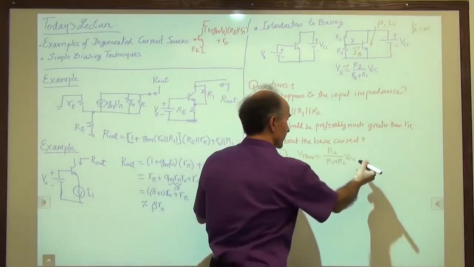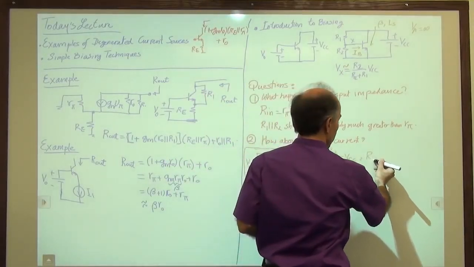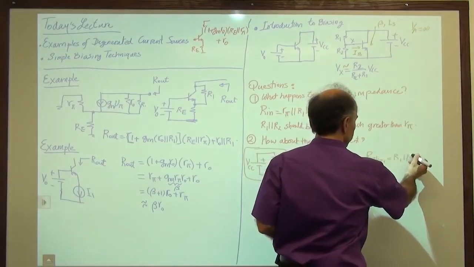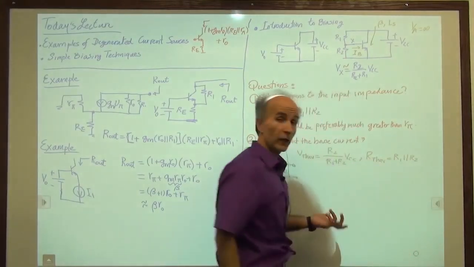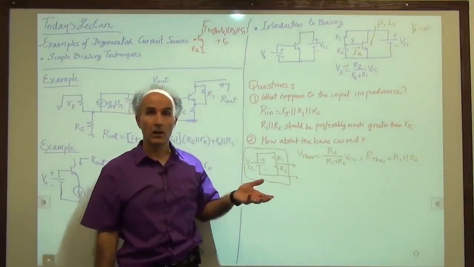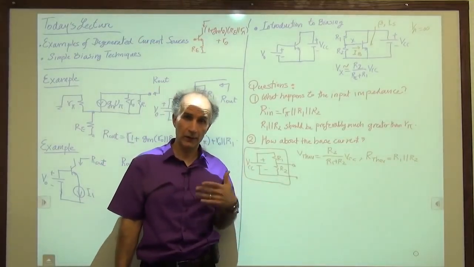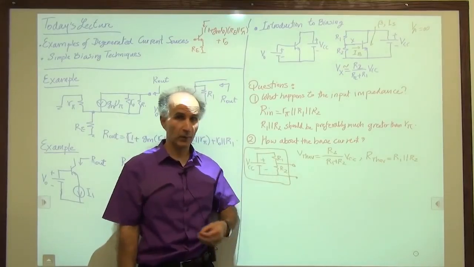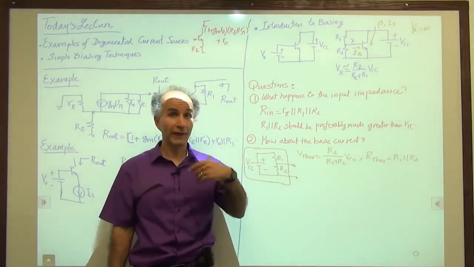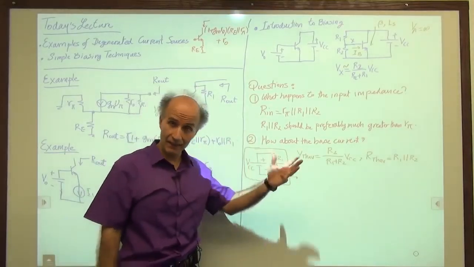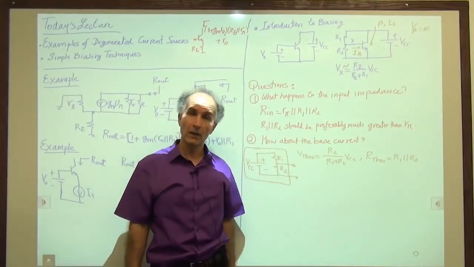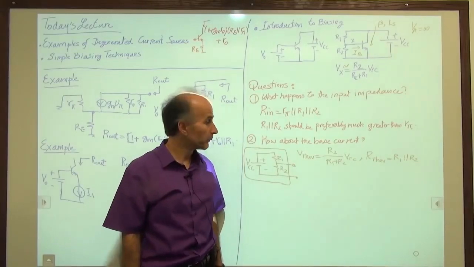So the Thevenin resistance is simply R1 in parallel with R2. So now you begin to see why all of these little theorems that we learned in basic circuit theory are so important. You have to be comfortable with these. You have to be able to use them. You have to be able to recognize that a circuit lends itself to a Thevenin equivalent or a Norton equivalent or many other topologies that we have seen.